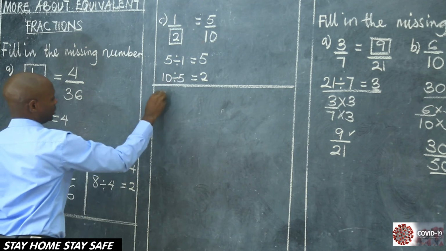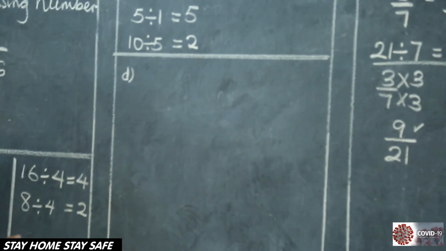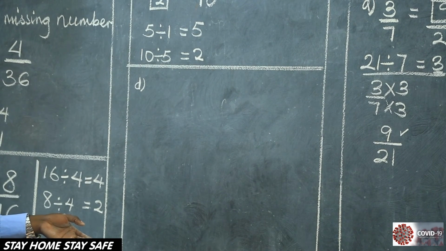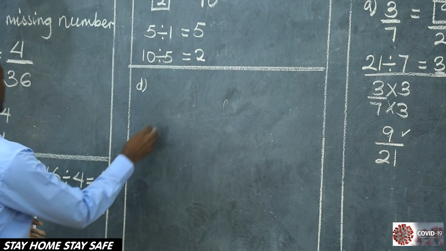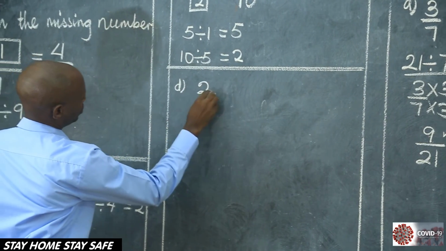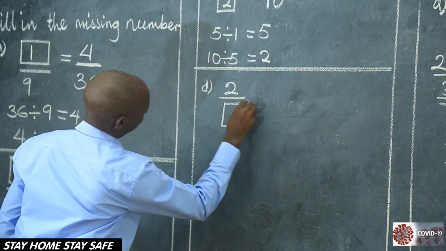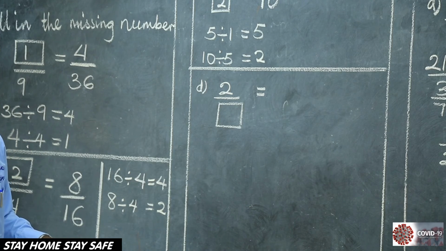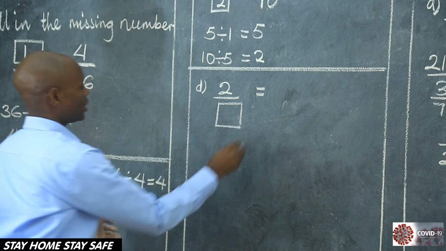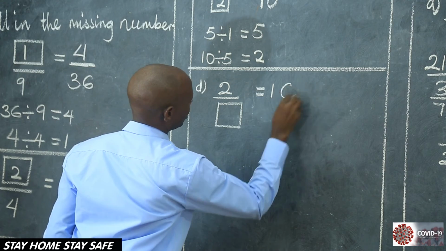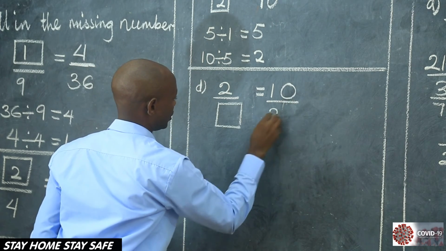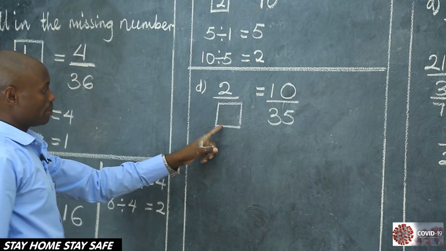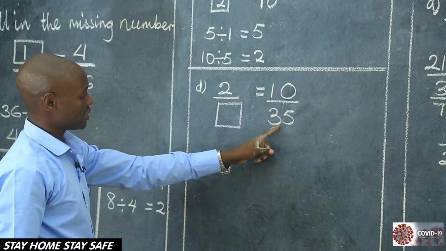Let's look at D, which is the last one. We have 2 out of 7. No, 2 out of a box is equal to 10 out of 35.